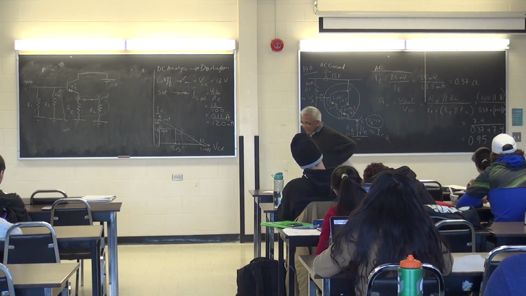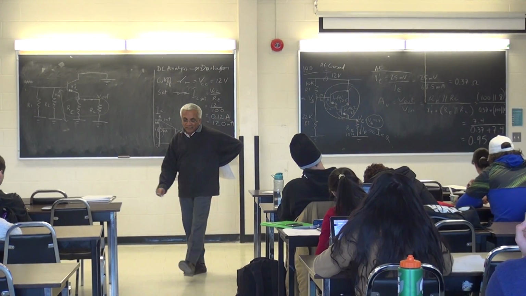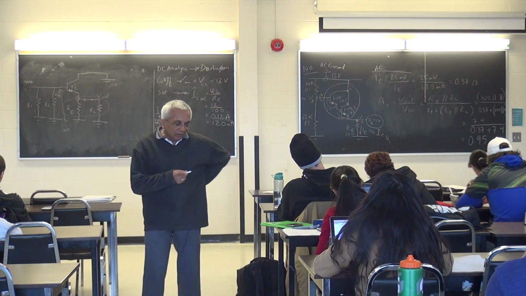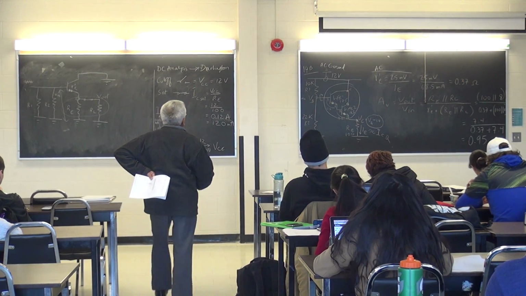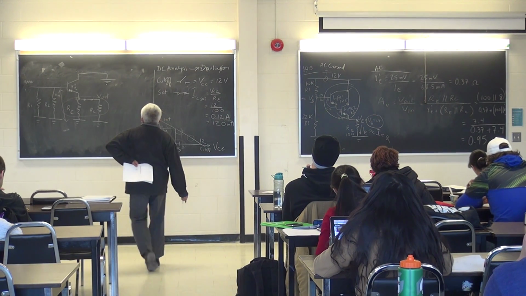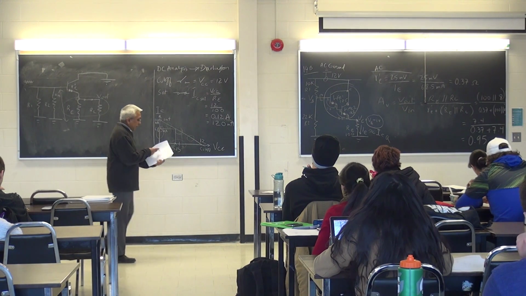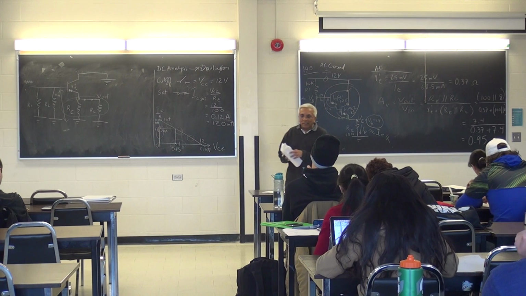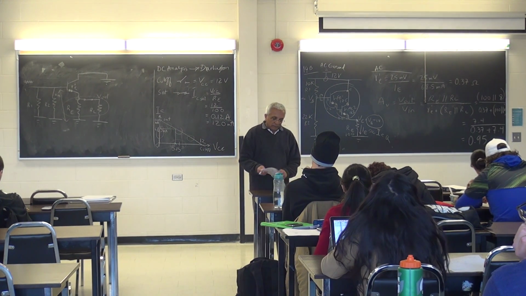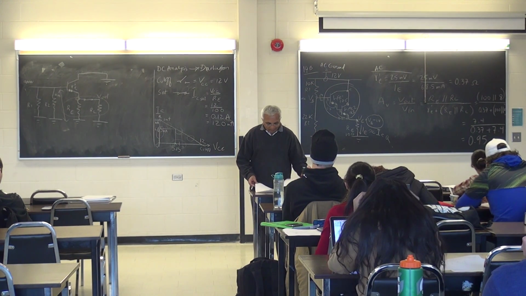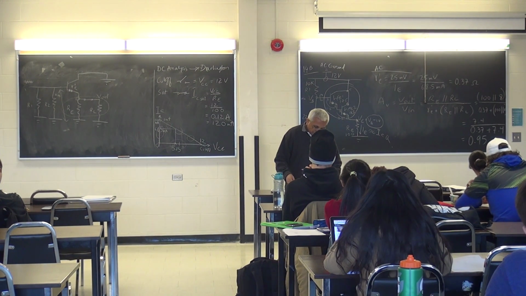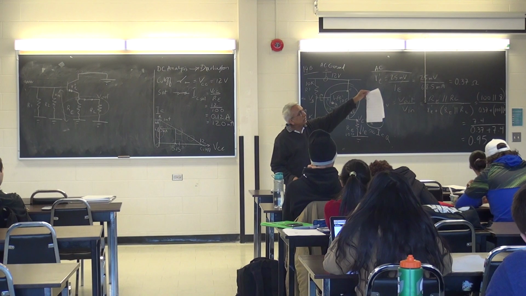So the gain is actually not a gain, but it's an attenuation. My signal is going to be slightly smaller coming out compared to coming in. So that's my AV calculation, and I can use that value to find V out. Okay, so V out now.